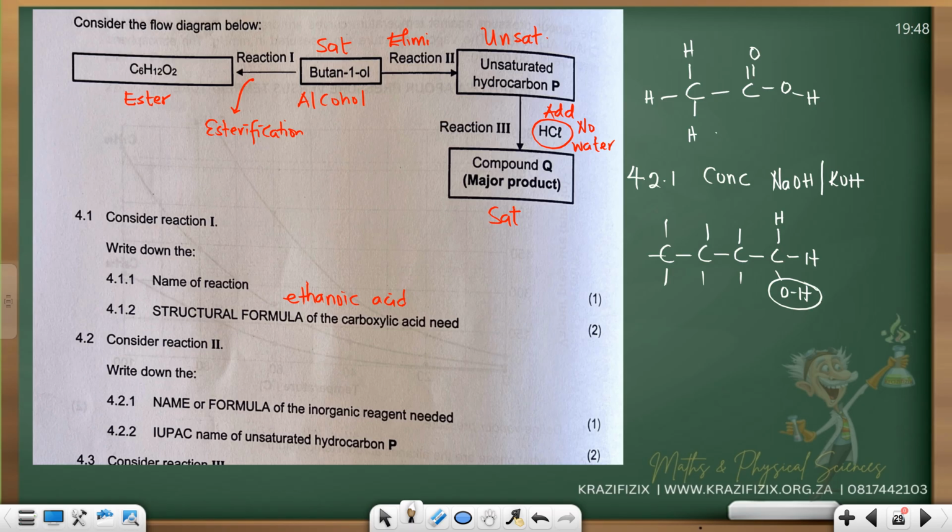The OH. But I need to remove a hydrogen. The question is, which hydrogen am I removing? Look, I can't remove the hydrogen from carbon 1 again. I have to remove from carbon what? 2. So what do I have? 1, 2, 3, 4.